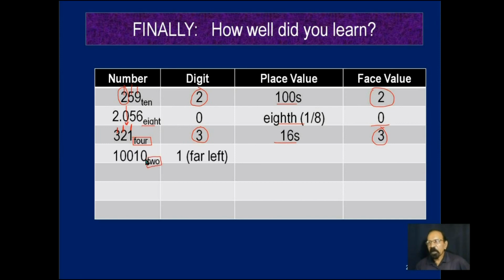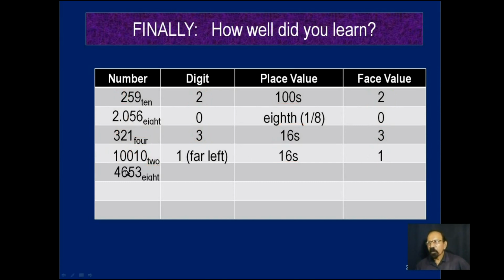Now we are considering the one on the far left. So let's go again. This is 2 to the 0, 2 to the first, 2 to the second, 2 to the third, 2 to the fourth, because it's base 2. So 2, 2 is 4, 2 is 8, 2 is 16. So it's in the 16th position, and its face value is 1.